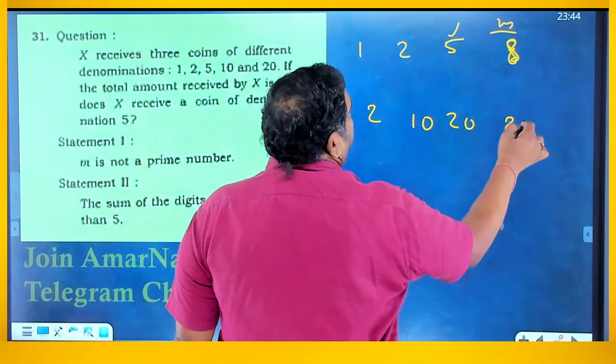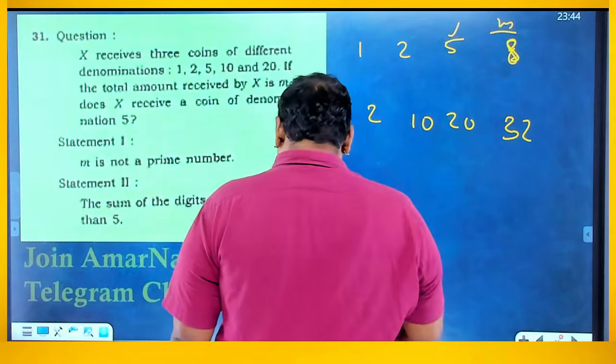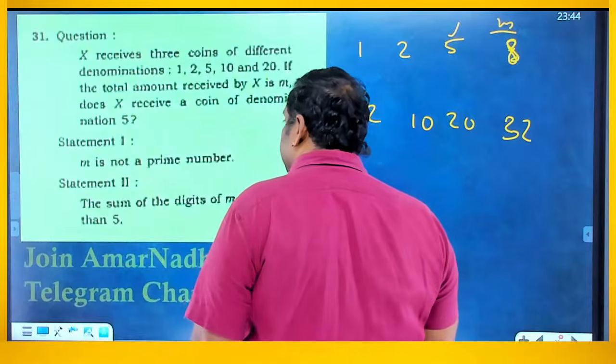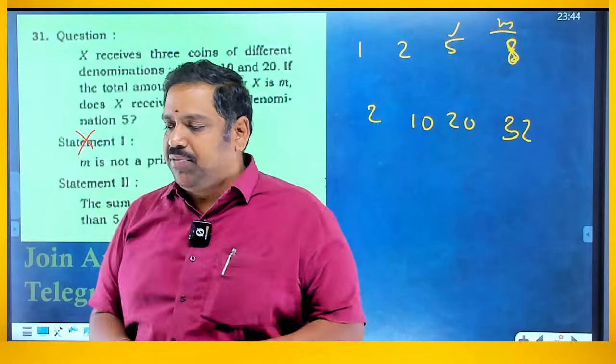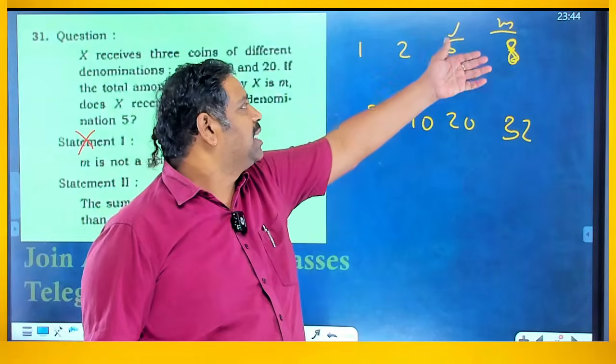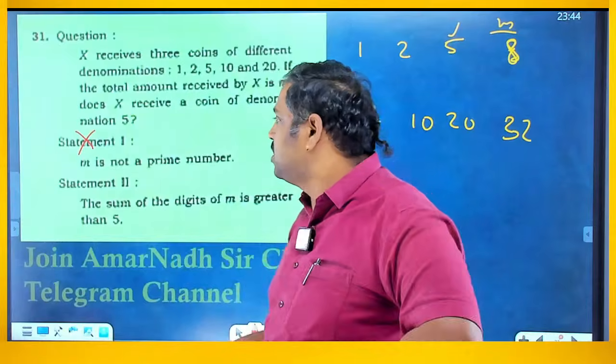The sum here is 32. 32 is not a prime number, but I have not used 5. That means if M is not a prime number, I can't assure that 5 will be there. In one case 5 is there, in the other 5 is not there. That's why the first one is not sufficient.